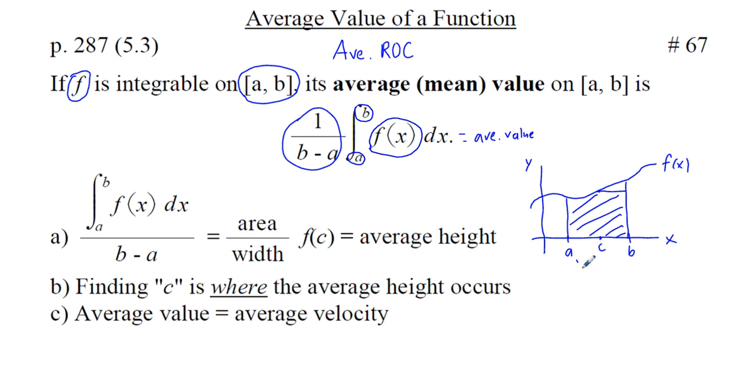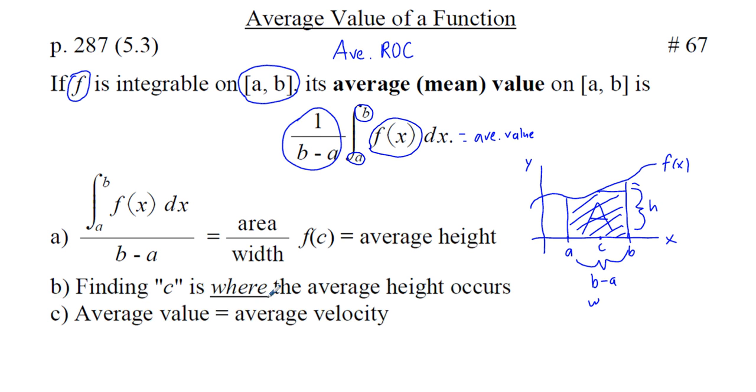And so it's like we have a big area. I'm going to label it A for area, and at the bottom here would be the width, which would be b minus a, and this average height here, okay, this will be the height.